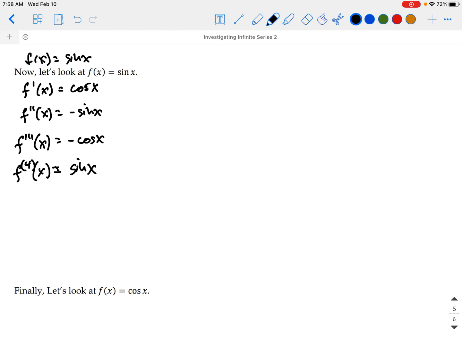And note f of x is sine x. Okay. So alongside that, then we'll compute our values at 0. The triple prime is going to be -1.